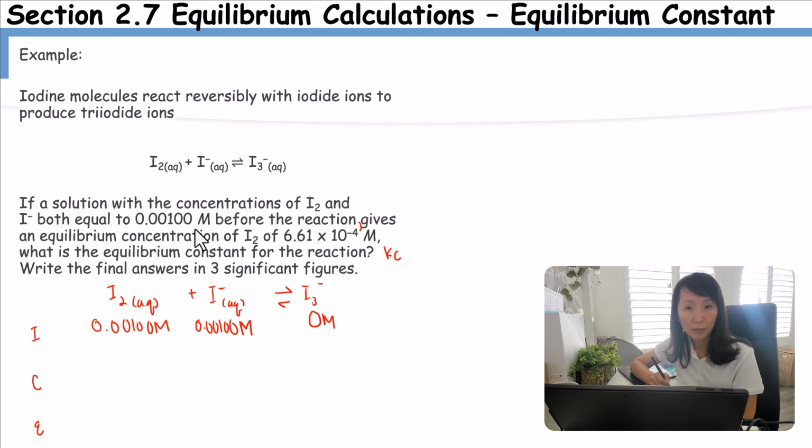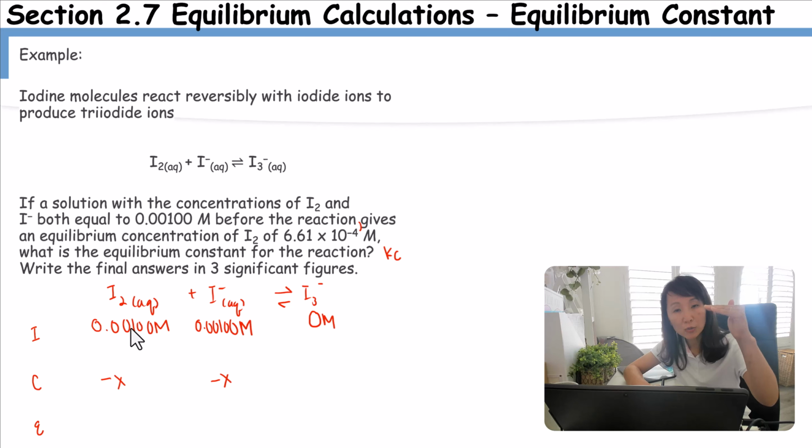There's no product present. Now it's going to go through some kind of change, and we're going to represent that change as X. How much change? We don't know yet, so it's X. We're going to subtract X for the reactant. Why do we subtract X? It's because the initial concentration will diminish as it forms into a product. To represent that diminishing, it's minus however much you're going to diminish.